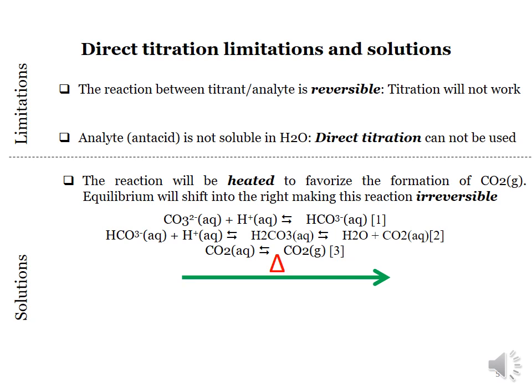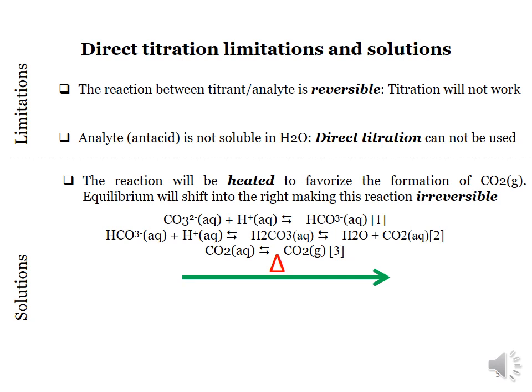So the equilibrium will start to fix the situation by making more gas, and as gas evaporates, all of the equilibrium will shift to the right and make the reaction irreversible. You got the idea?